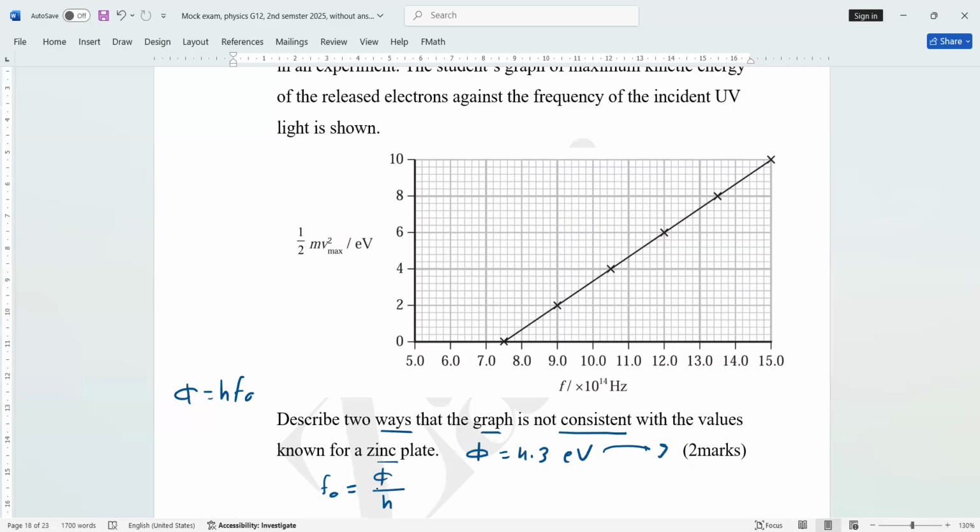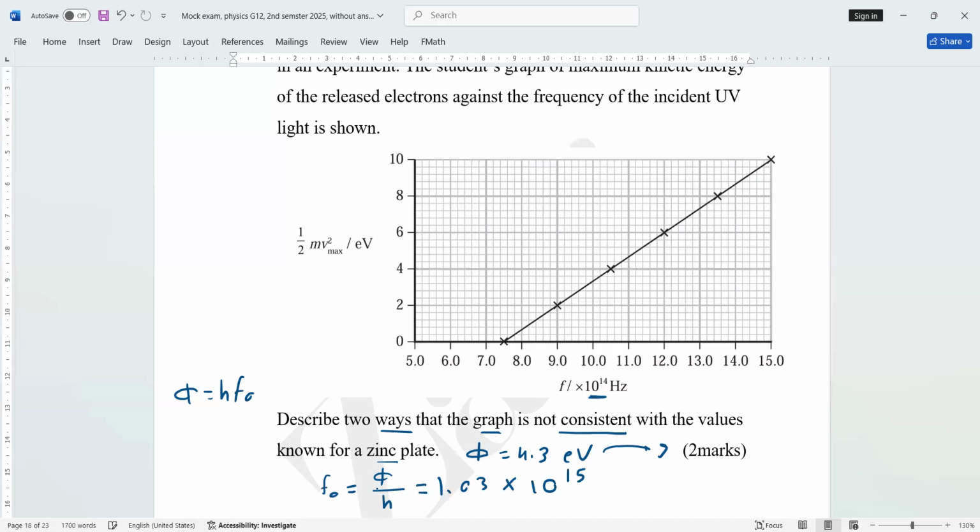When you calculate f naught for zinc, 4.3 multiply 1.6 times 10 to the power negative 19 joule divided by 6.63 times 10 to the power negative 34, the threshold is 1.03 times 10 to the power 15.